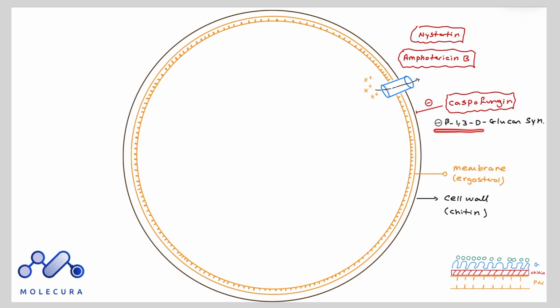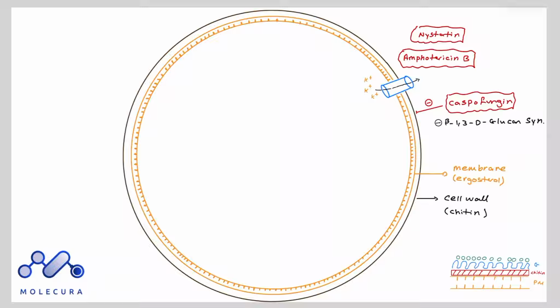So inhibiting this enzyme is going to inhibit the formation of glucan layer inside the fungal cell wall. This will result in defective fungal cell wall, and it will result in osmotic damage to this fungal cell, and it will cause death of the cell.